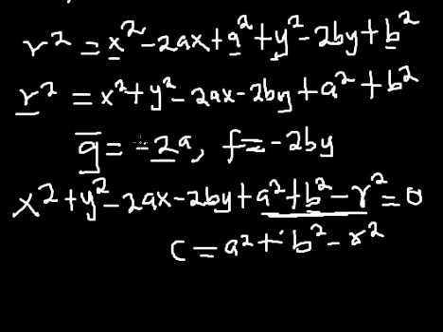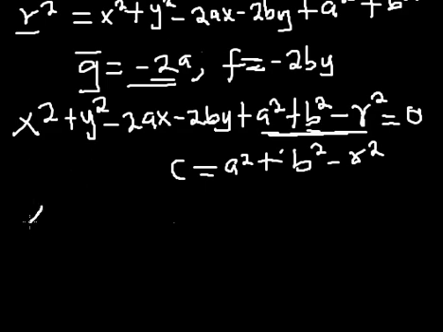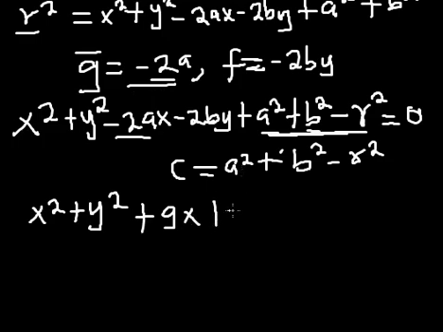With all this now that I've introduced g, f, and c, I can rewrite the equation of a circle into a more standard form. That's x square plus y square, then of course minus 2a is being represented by g, so that's gx, then plus minus 2by, where minus 2b is being represented by f, so that's fy.